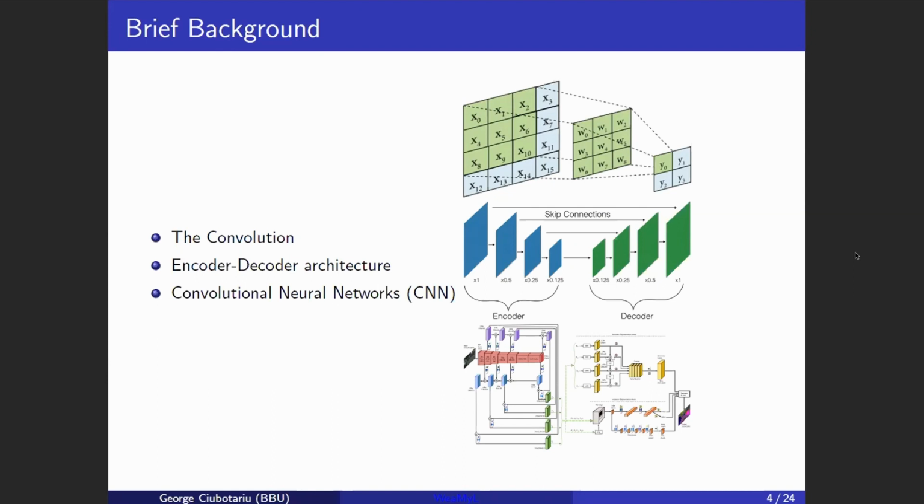Basically, what we want to underline is that these networks usually have an encoder-decoder architecture, as seen on the middle image from the right, so that the encoder is responsible with extracting the features and compressing them without losing crucial information, so that the decoder can then reconstruct the image and offer us a prediction according to the task we are performing.